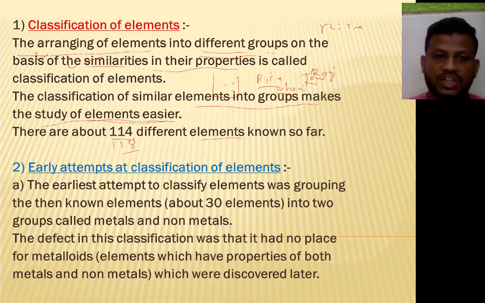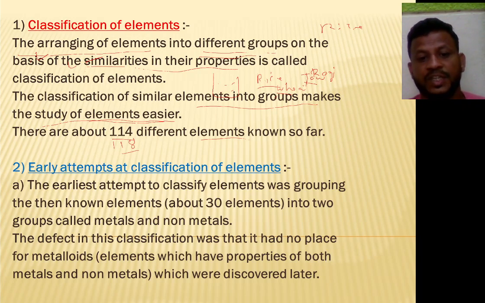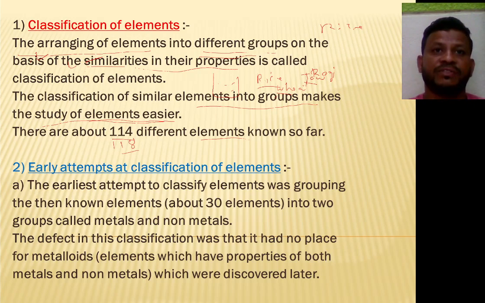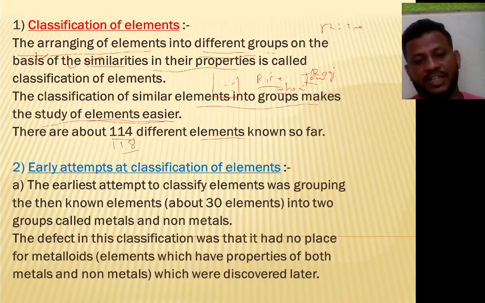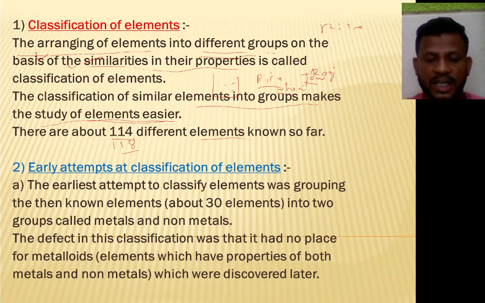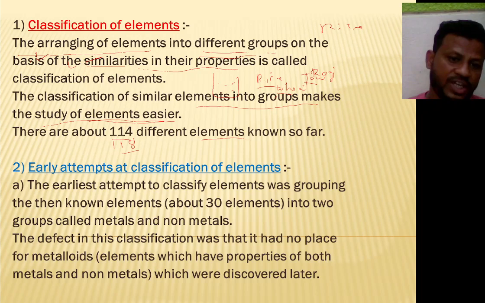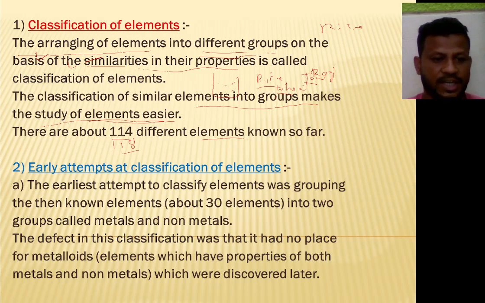This classification of elements was done by many scientists in the earlier days. A lot of different scientists attempted to classify the elements. Let us see how many classifications were done by the earlier scientists.